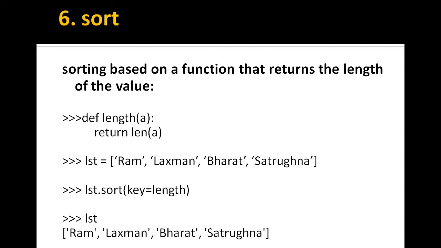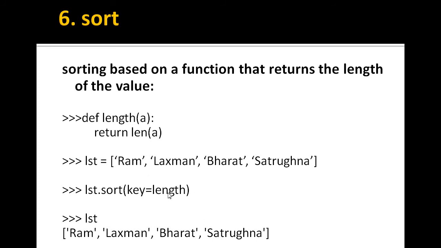Suppose you have a list Ram, Lakshman, Bharat, Shatrughan and you want to sort this list based upon the length of each. So you can call this sort method on the list and pass the length function as key.